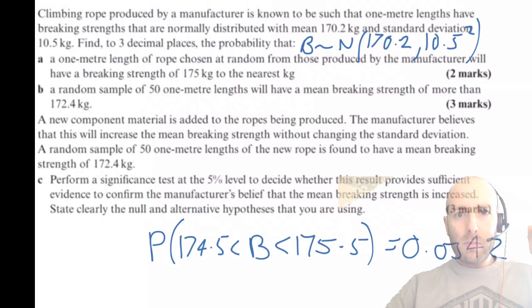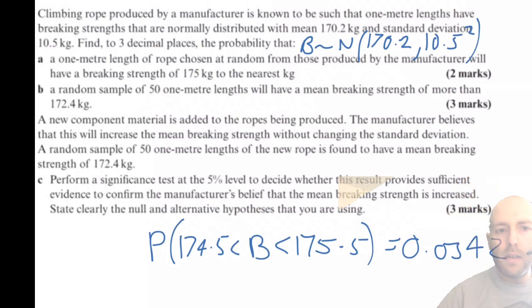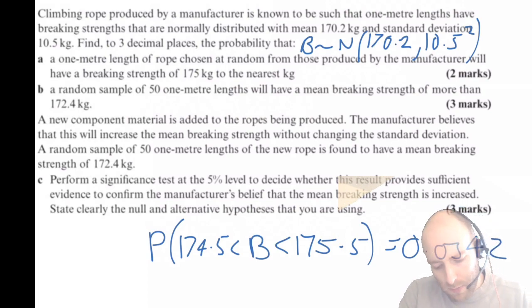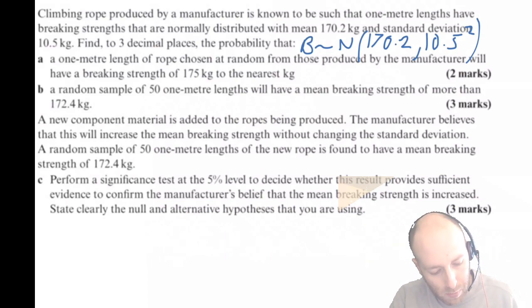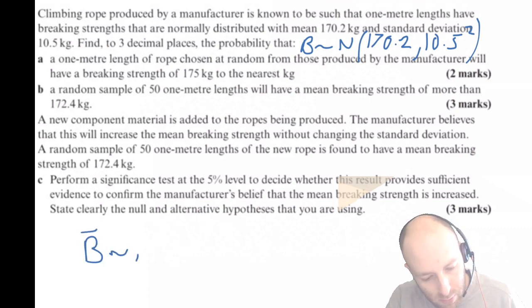Find the probability that one random sample of 50 will have a mean breaking strength of more than 172.4. So it's the same kind of question, but instead of using the standard normal, we're going to be using the sample mean normal instead. So we still have 170.2.